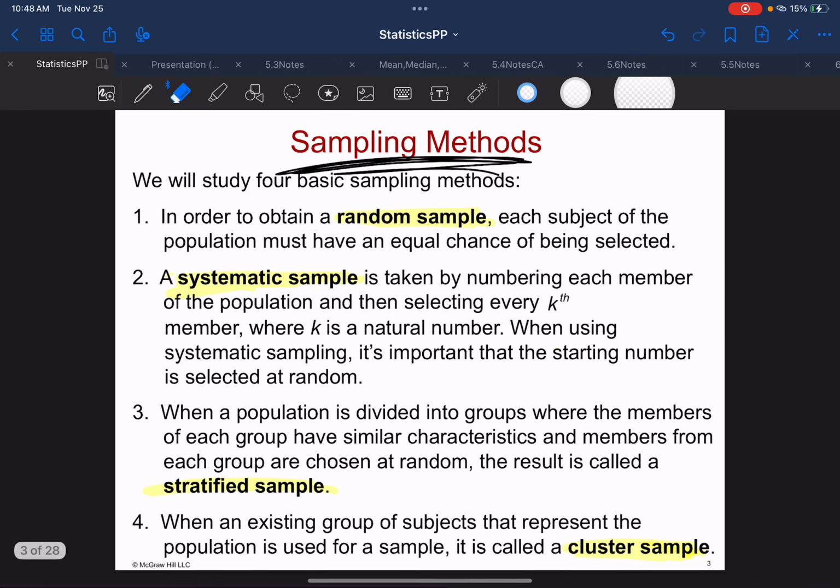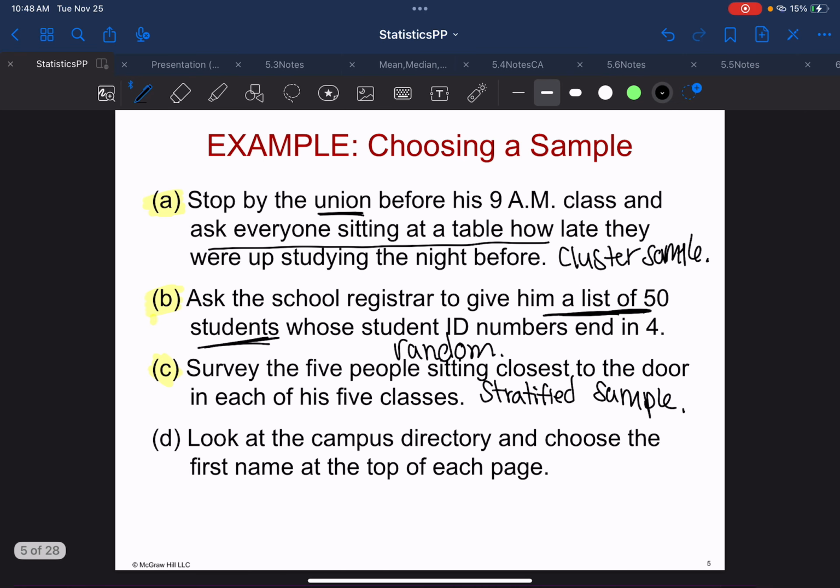Because if we go back to the definition, a stratified sample is whenever a population is divided into groups where the members of each group have similar characteristics and members from each group are chosen at random. So for this one, he's picking 5 different groups, which is his 5 different classes, and then picking people from each group randomly because they're just sitting closest to the door.